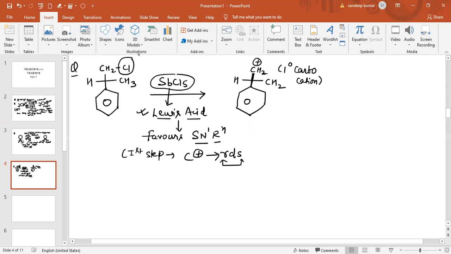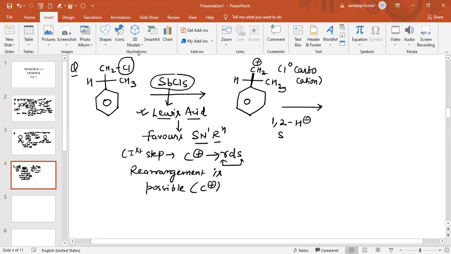Now this carbocation can rearrange, because when positive charge is present at this position it is resonance stabilized, plus 3 alpha hydrogen atoms are also there. Because rearrangement is possible for the carbocation, a 1,2 hydride shift will occur.